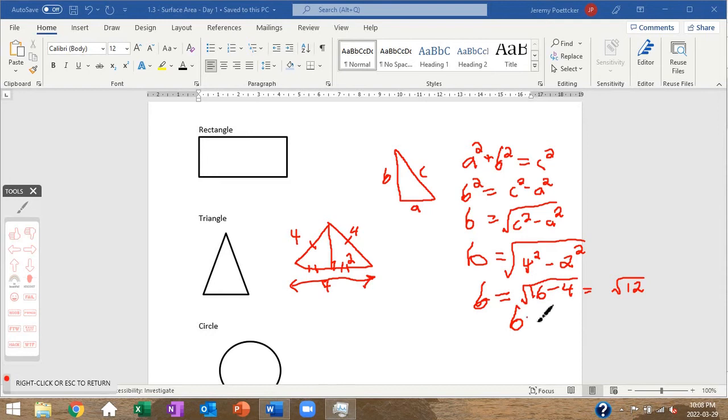And so in this case here, we've got the square root of 12, which you're going to need a calculator for, unless you have an absolutely fantastic memory, which most of us don't, and that's okay.